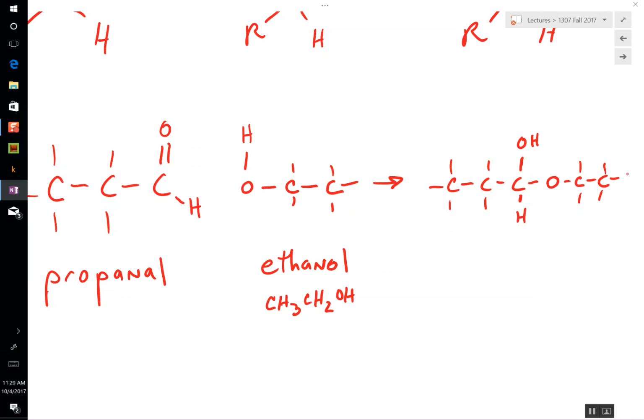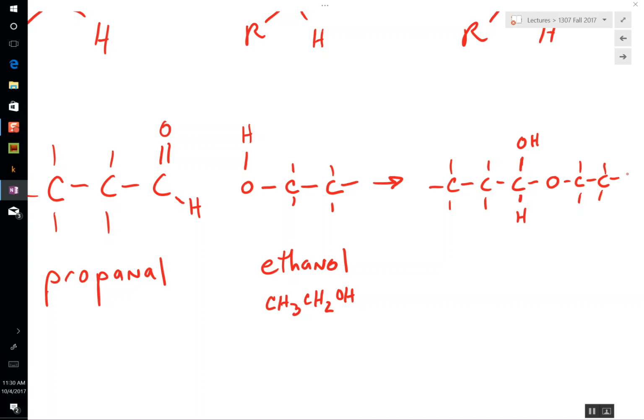Everything that was here is there. Nothing new. And that would be a hemiacetal. This would be a hemiacetal right here. Okay, so that's propanol with ethanol to form that hemiacetal.